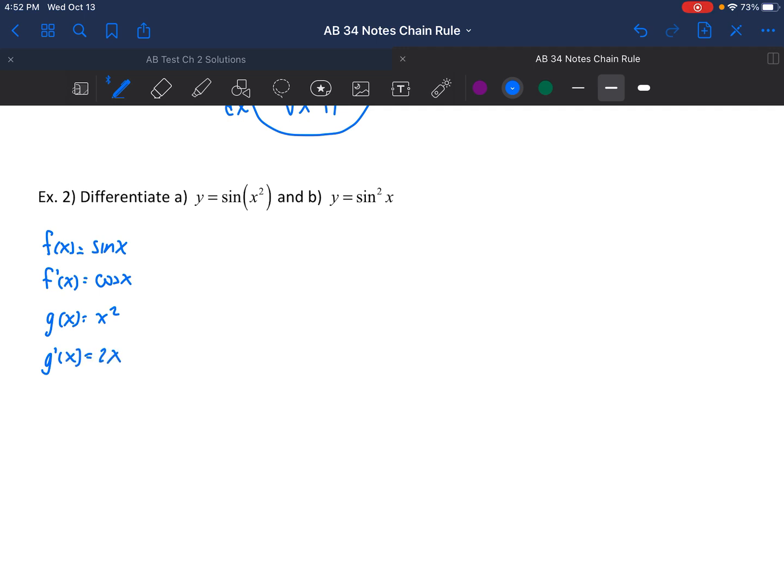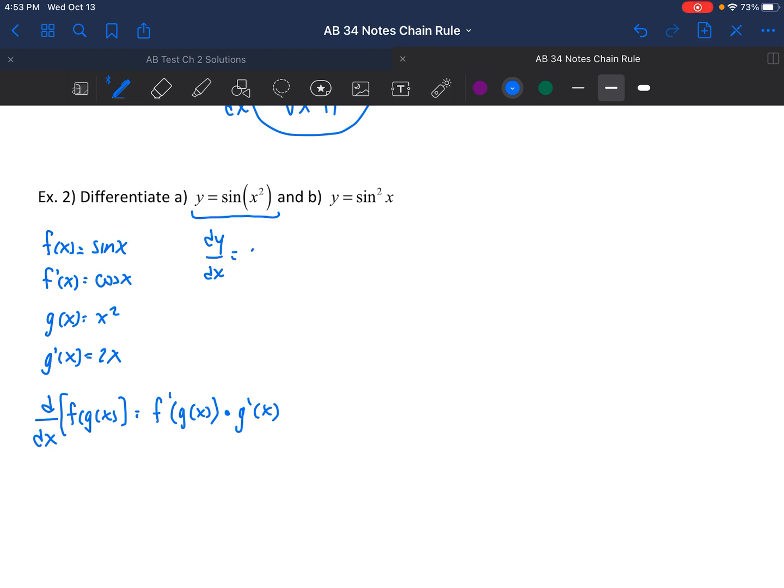So applying the chain rule, I think about this, d dx of f of g of x, it's the derivative of the outside function, so in this case sine of x, keeping the inside the same, multiplied by the derivative of the inside function. So for letter A, y equals sine x squared, dy dx is going to be the derivative of the outside function.